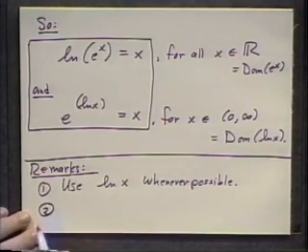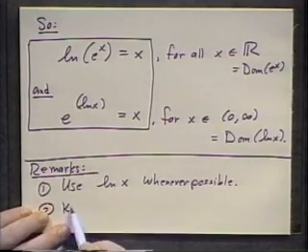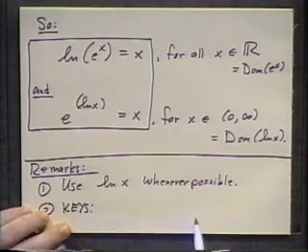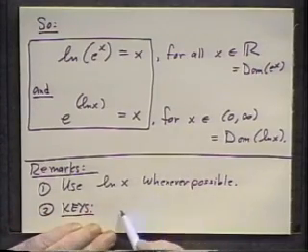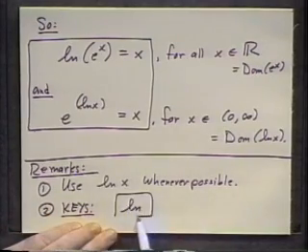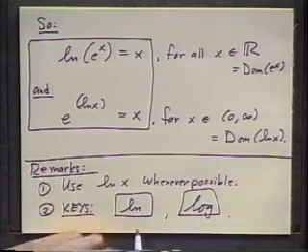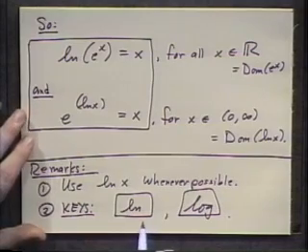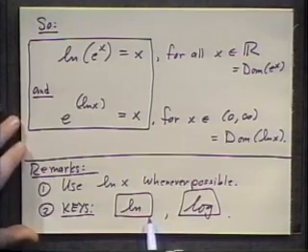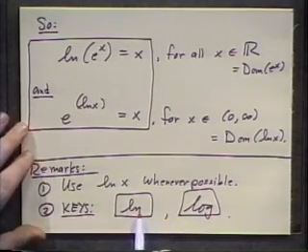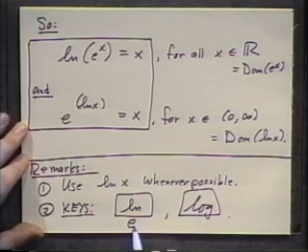The second remark I wanted to make here is about your calculator keys. On your calculator, there will be keys that look like this, an ln key. There will also be a log key. Now be very careful to consider that these are two different keys for two different reasons. Natural log has base e.